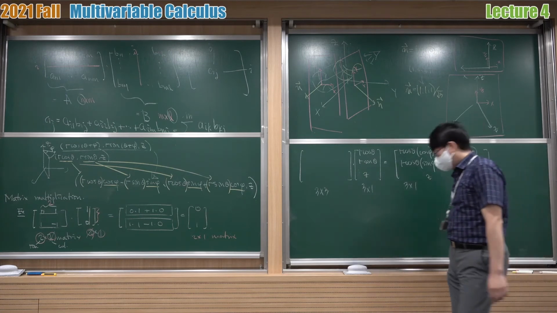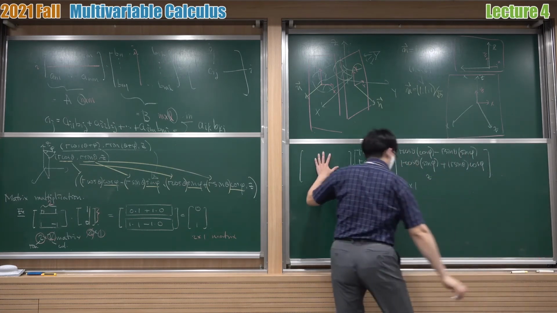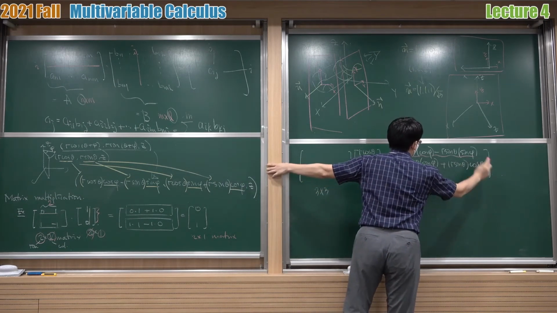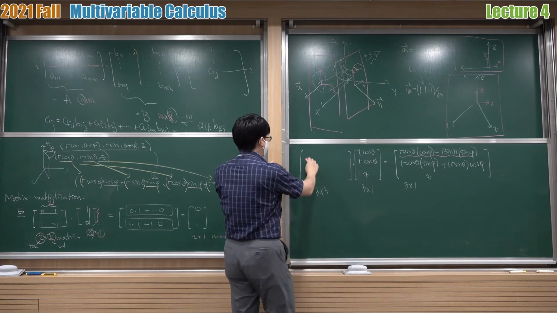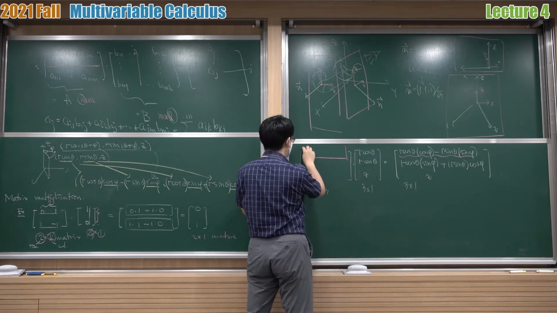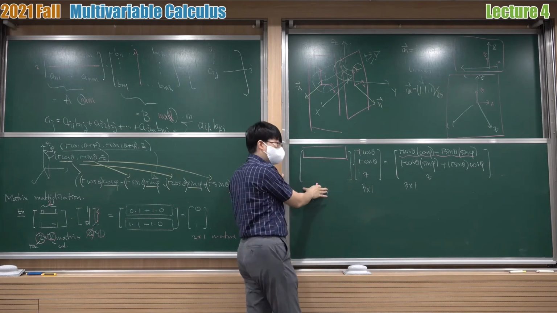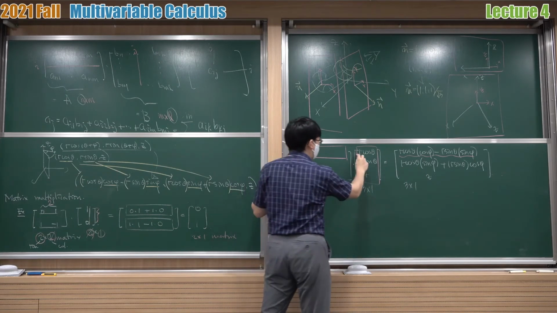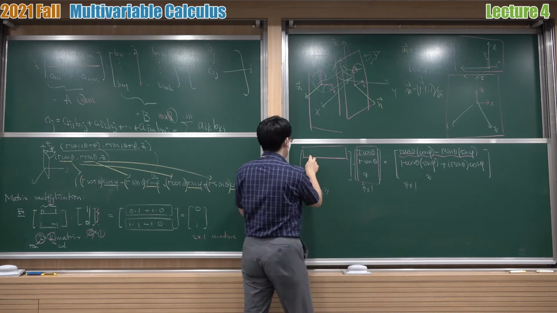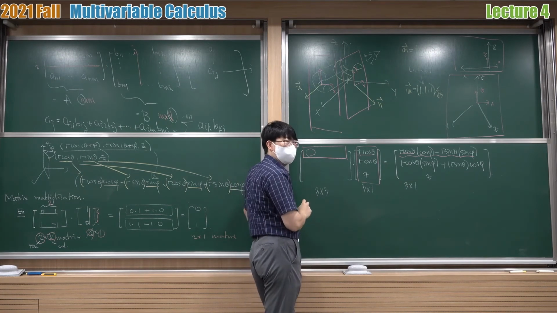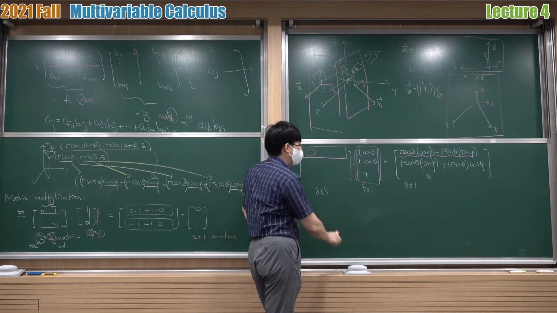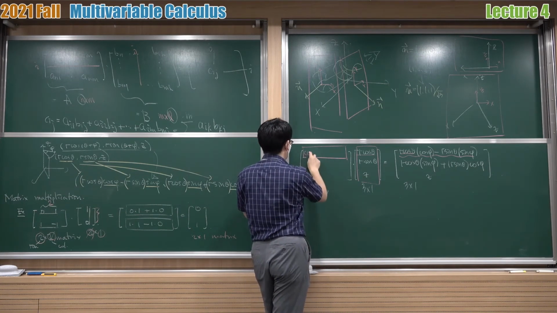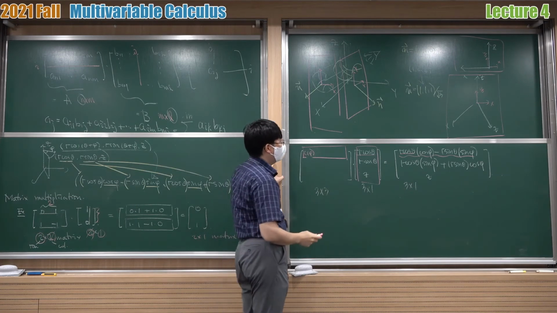So let's guess what should be inside this 3 by 3 matrix. First of all, in order to get the first row element, I should take the first row in the first matrix and the first column in the second matrix. So r cosine theta is here. What should be in the first column of the first matrix? Cosine phi. Let me write this way. And how about the second?